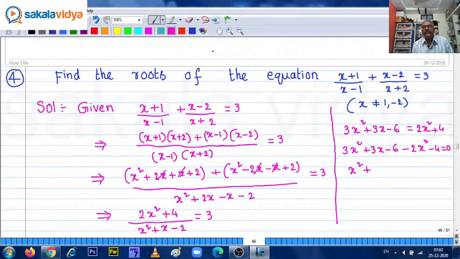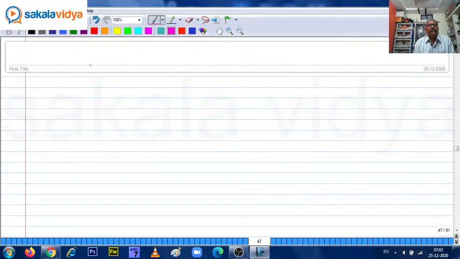Now plus 3x we have, and minus 6 minus 4 is minus 10, equals 0. That means now you need to solve this quadratic equation to get its roots. That's very simple now. You are going to solve x square plus 3x minus 10 equals 0.